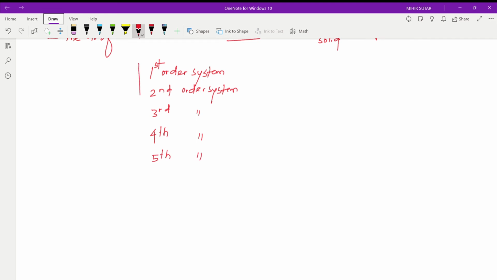These are the possibilities. It cannot be 0, it cannot be a 6th order system.